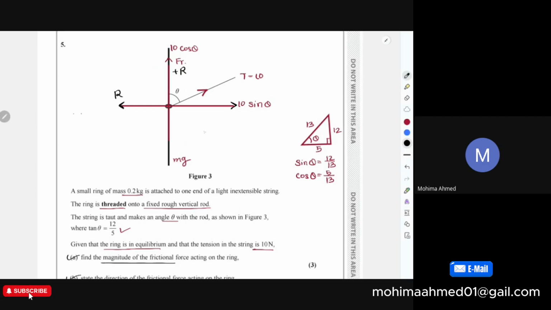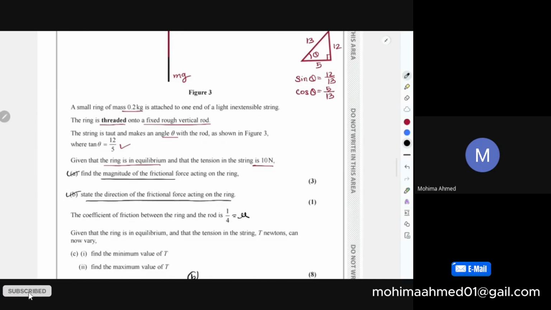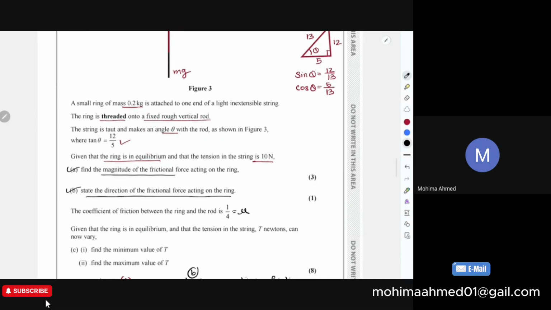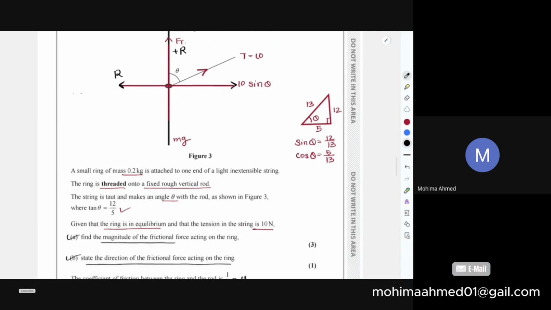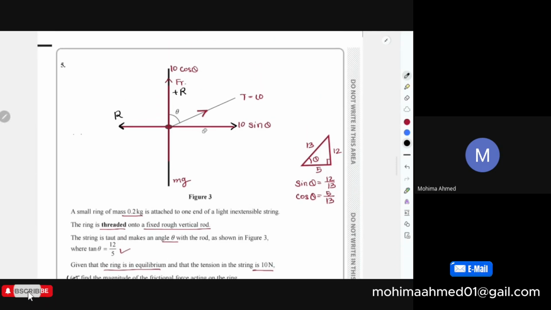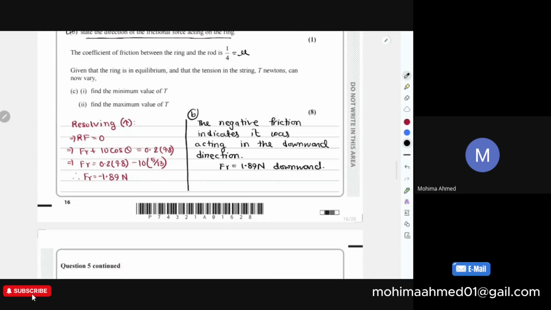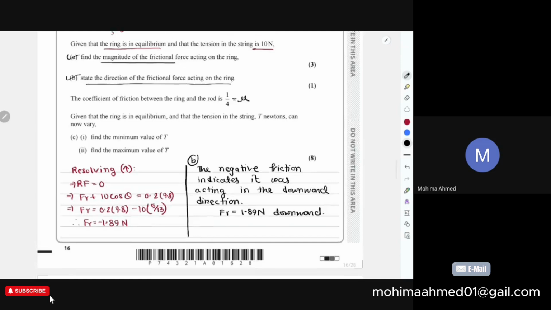And other than that, there was some reaction force also. But one minute, we have this one as given. No, we can calculate this, right? So there was some friction also acting in this case. If you want to find out that friction, we can write that R is actually equal to 10 sine theta. There's no doubt in that. If R is 10 sine theta, so it becomes R equals 12 by 13 T. If the value for R is this much, I already know from the previous part the value for friction, 1.8, right?